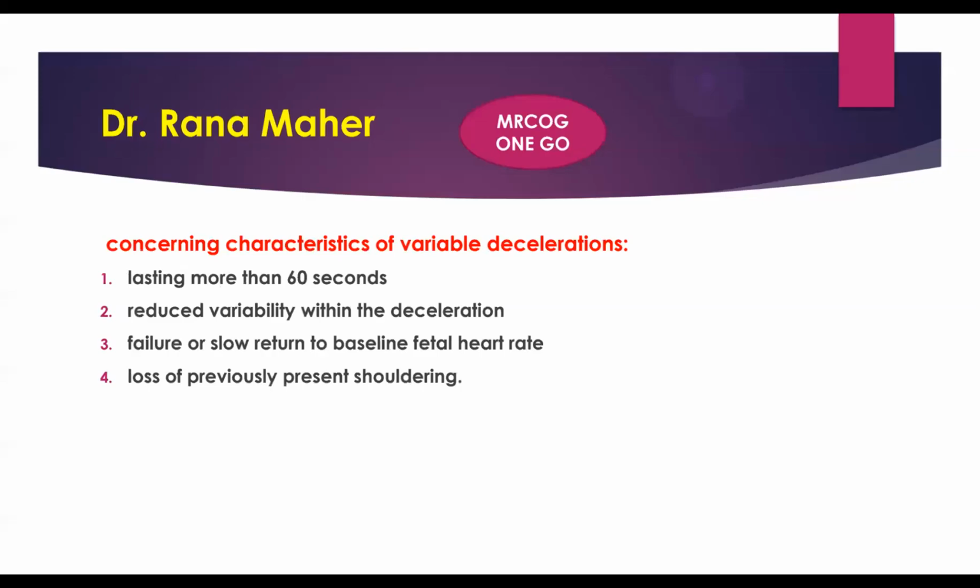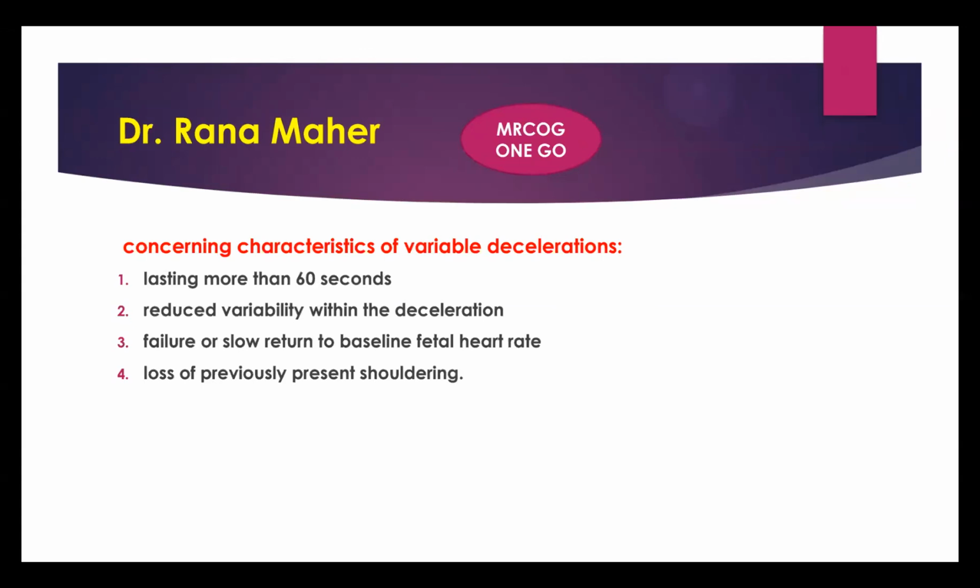And these points will take us to the concerning characteristics. So during the classification of the deceleration, we will mention whether it is with concerning characteristics or not. So what are the concerning characteristics? The deceleration will take 15 seconds. For example, we have the fetal heart rate here, and then the deceleration and coming back. I will draw it better with all the normal features.